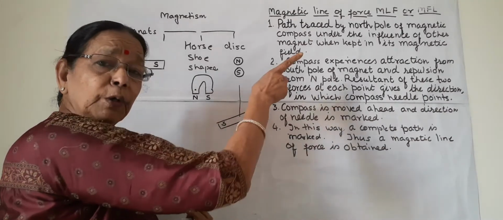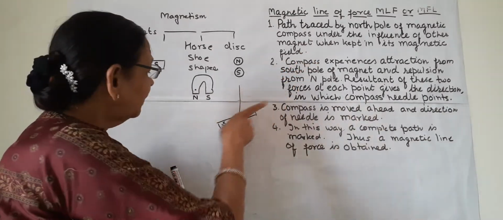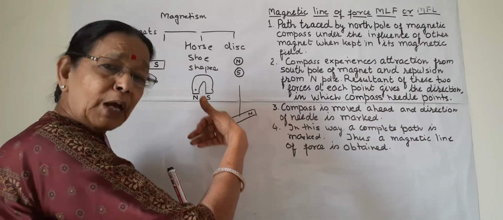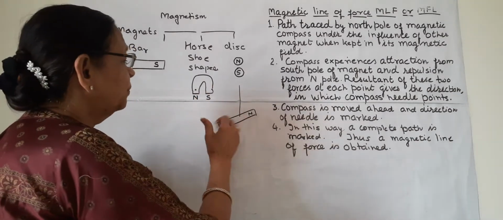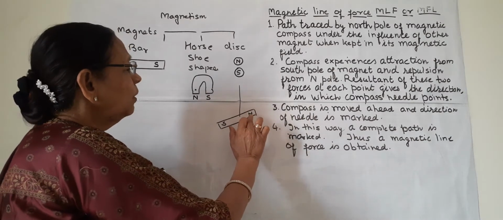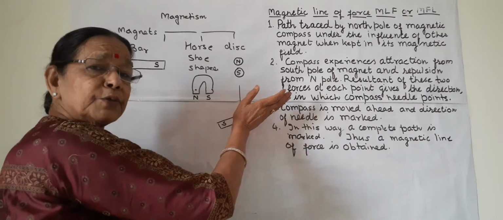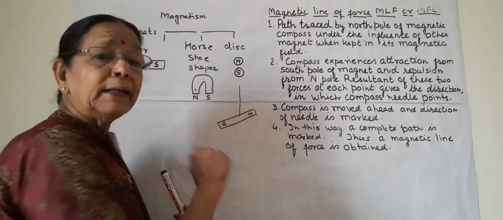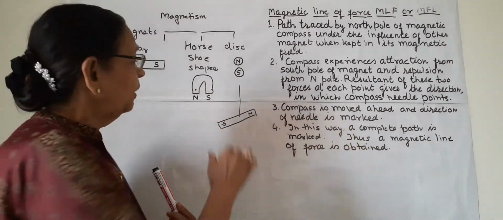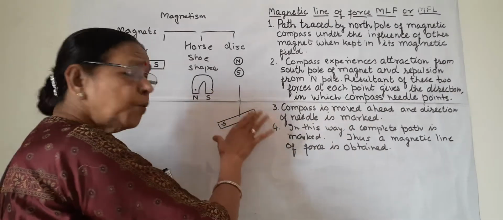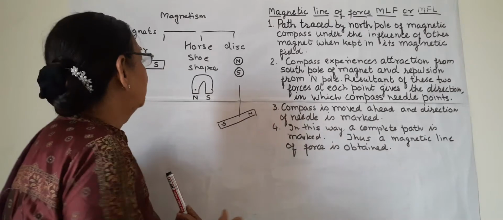North will show the geographical north of Earth and south will show the geographical south pole. So the pole whose direction is towards north is the north pole and the opposite is the south pole. In this way we can know the two poles of a magnet.